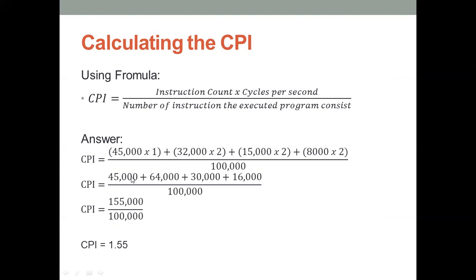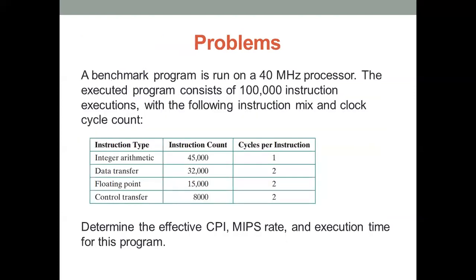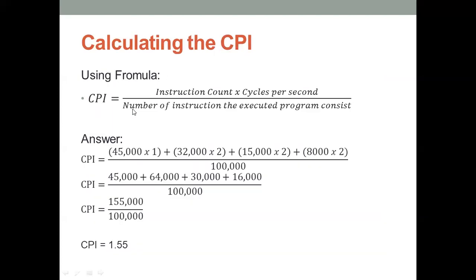We get 45,000 plus 64,000 plus 30,000 and 16,000, divided by 100,000. 100,000 is the number of instructions the executed program consists of. Here it is 100,000 instruction executions, so we put the 100,000 over here.